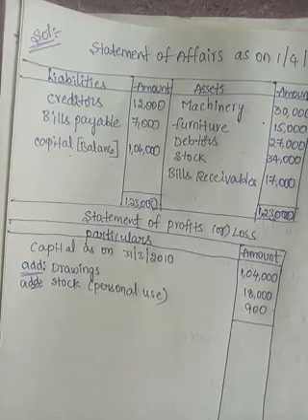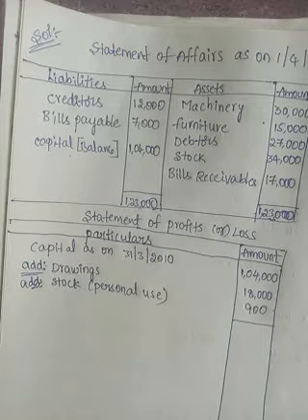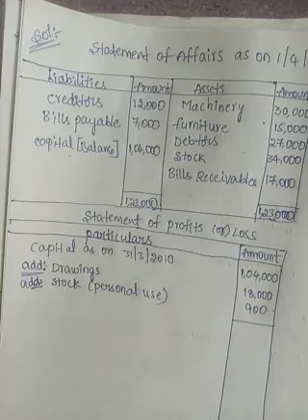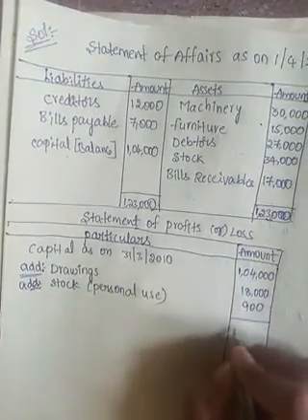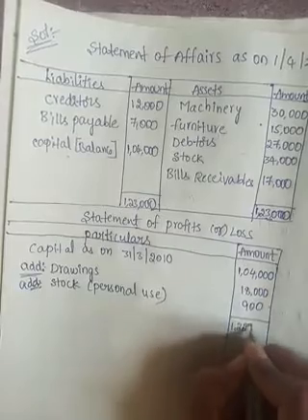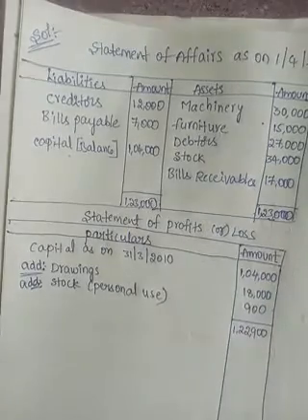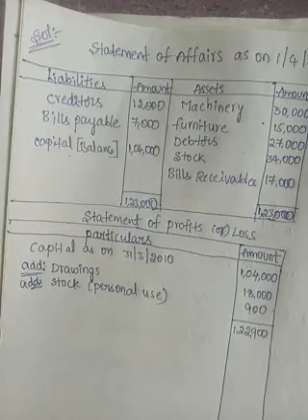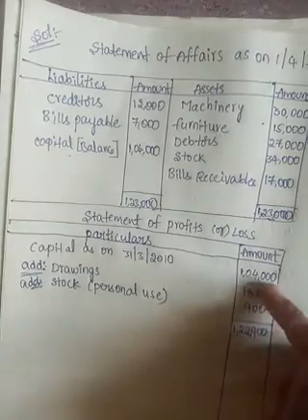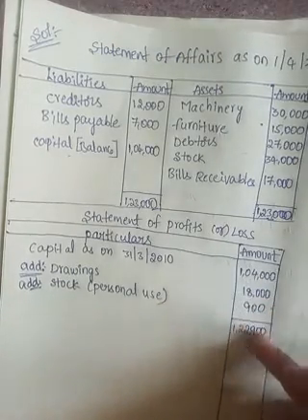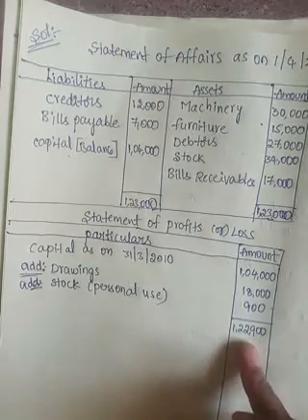So 1,04,000 plus 18,000 plus 900 is 1,22,900. All this gives the amount 1,22,900.